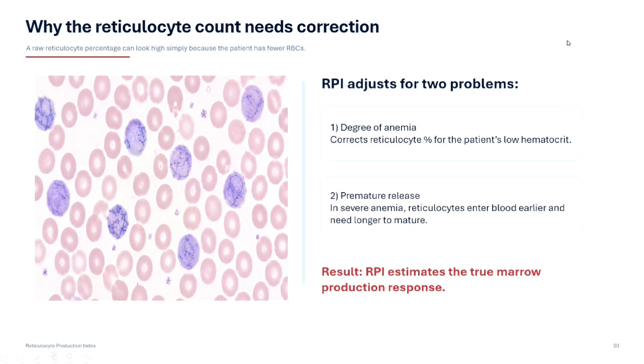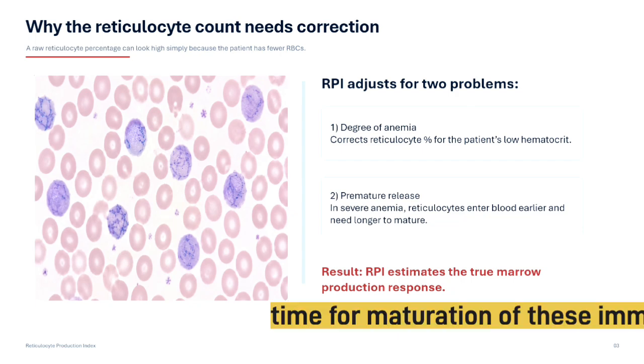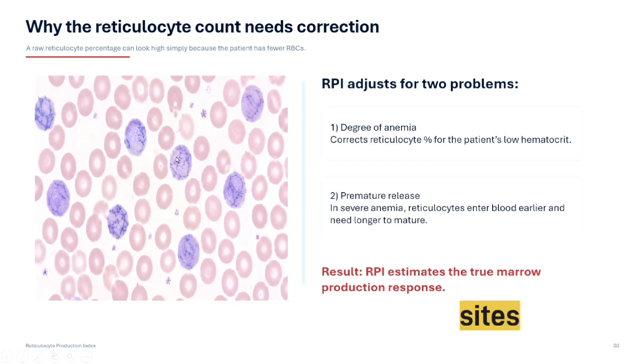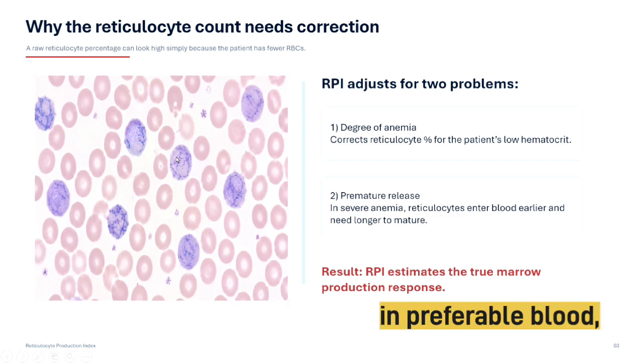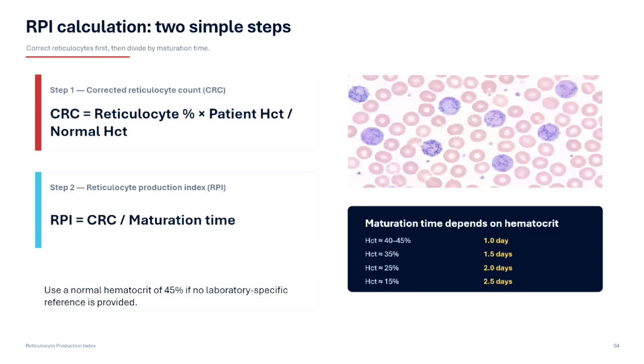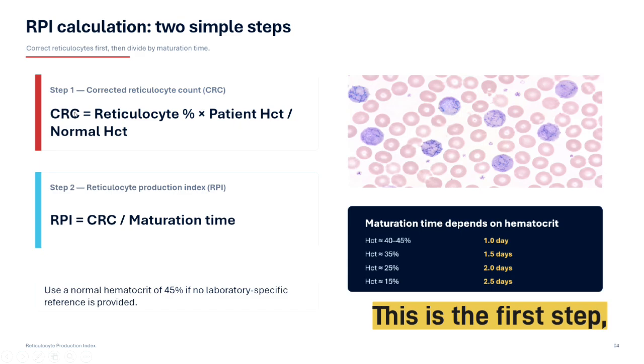And second, we should adjust again for the time for maturation of these immature reticulocytes in peripheral blood to mature forms.